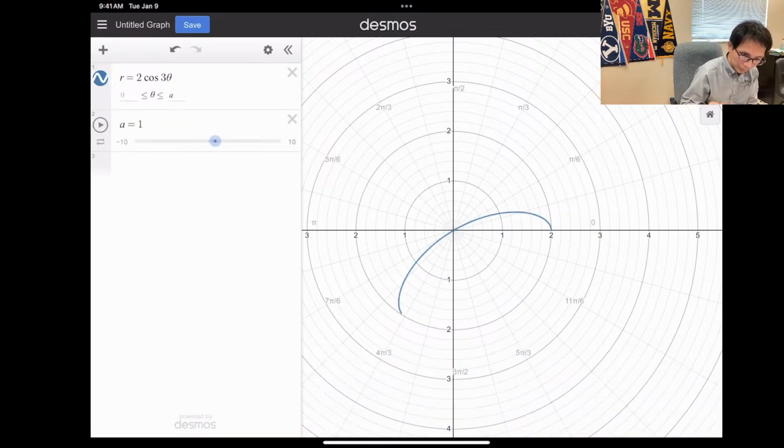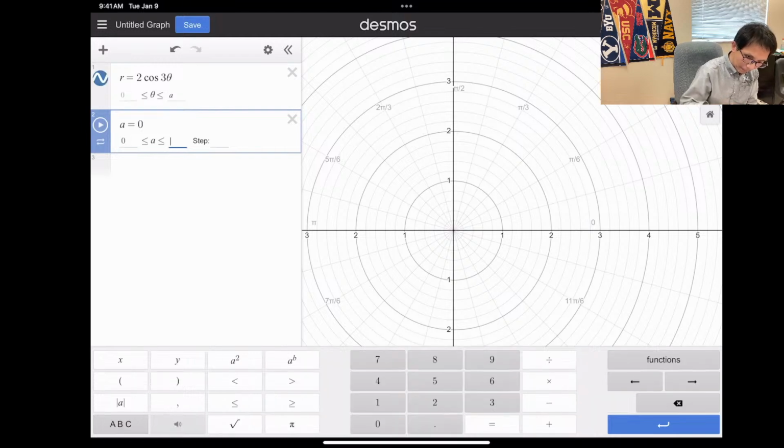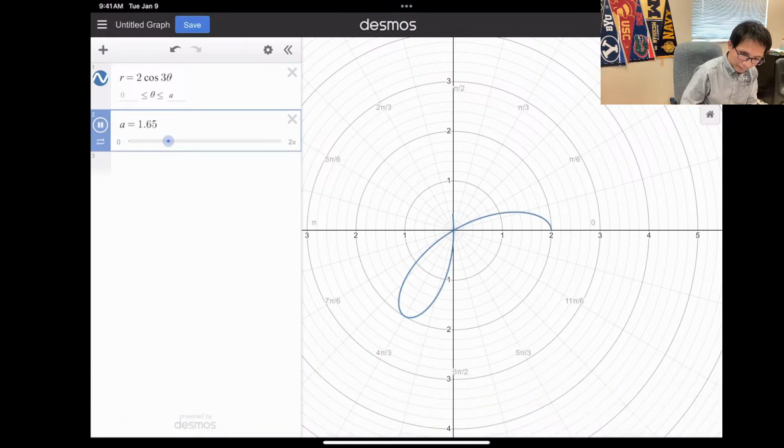That's cool. Maybe from 0 to 2 pi. Nice. They retrace the same thing. You're not gonna be able to see it.